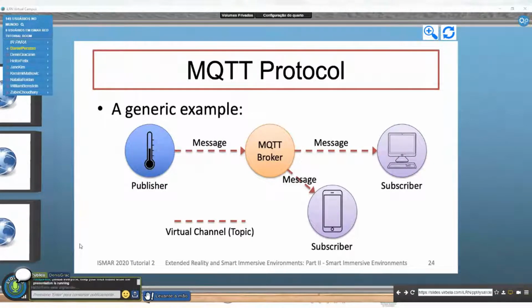A node that produces data sends a message to the broker. That broker then keeps a record of the subscribers, the devices that are interested in data provided by the publisher, and it is the role of the broker to distribute the data to all the subscribers.